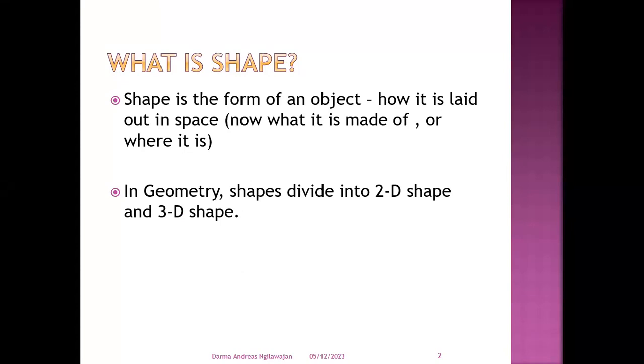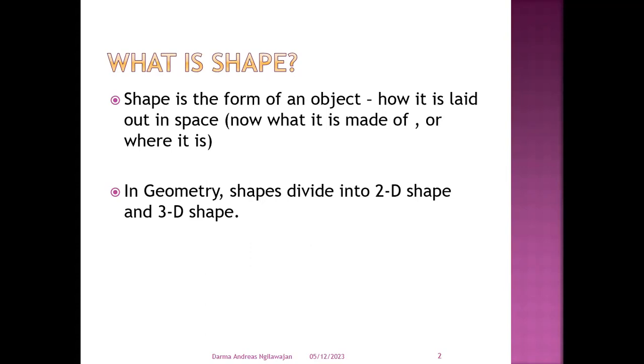Okay, the second one: in geometry, shapes divide into 2D shape and 3D shape. As I mentioned previously, in geometry we have two shapes. In this material, I use D as an abbreviation.